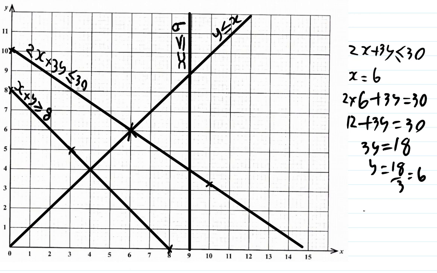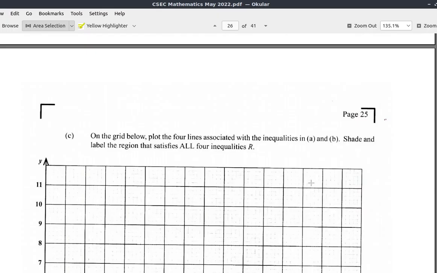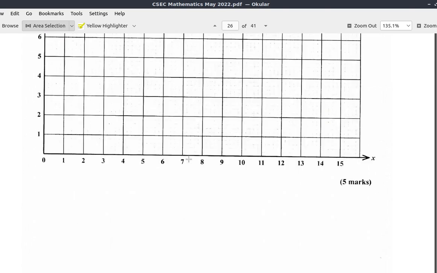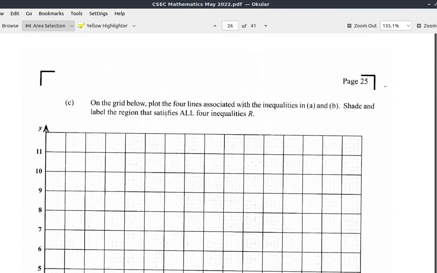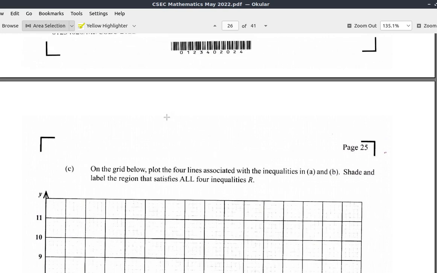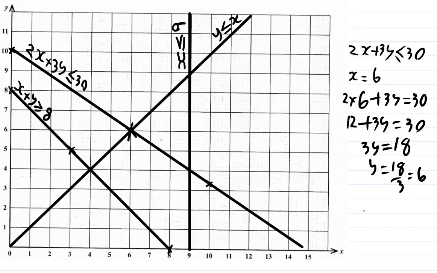Good. Now, there we have our lines. Shade the region that satisfies all four inequalities. It said to shade the region that satisfies all four inequalities.